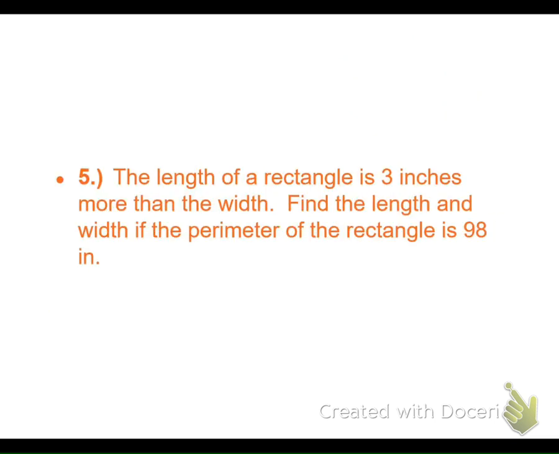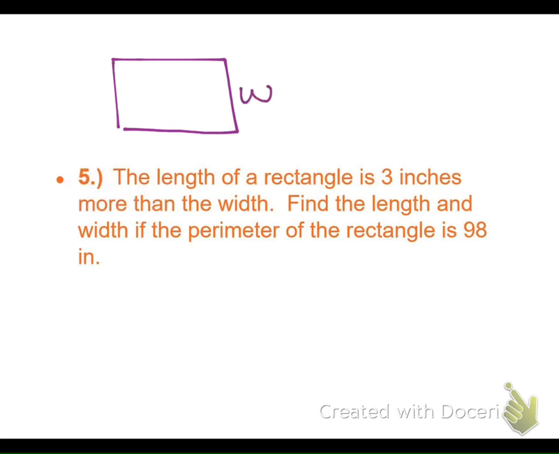All right, this next one is a similar example to the one we just did. It just gives us our information a little more directly. Again, it might help us to draw a rectangle here. The length of the rectangle is 3 inches more than the width. More than.